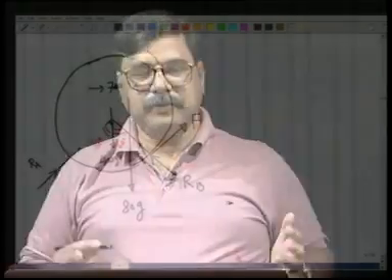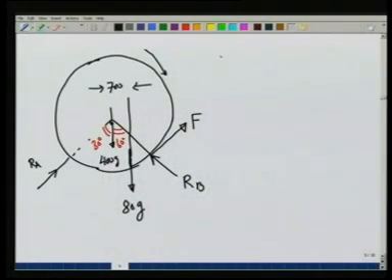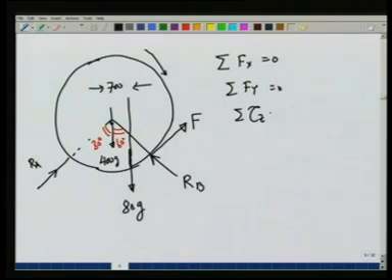Now, we have written all the possible forces that are there on the drum, and let us now apply our equilibrium conditions. So, if we write summation f x equal to 0, summation f y equal to 0 and summation tau z is equal to 0. If we want to find F, that we can do right away.